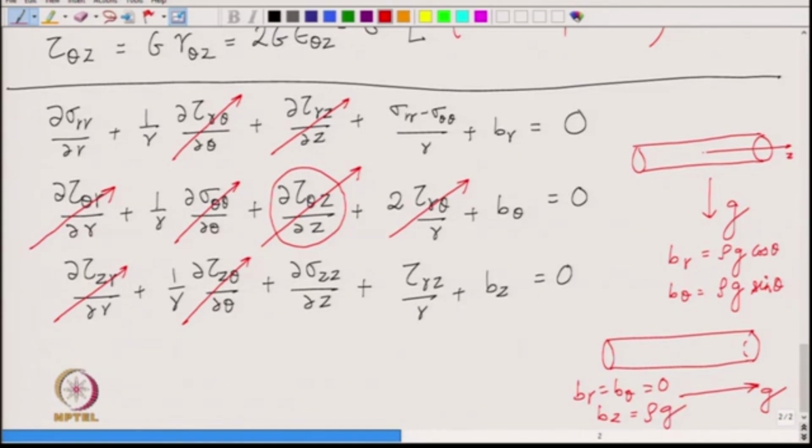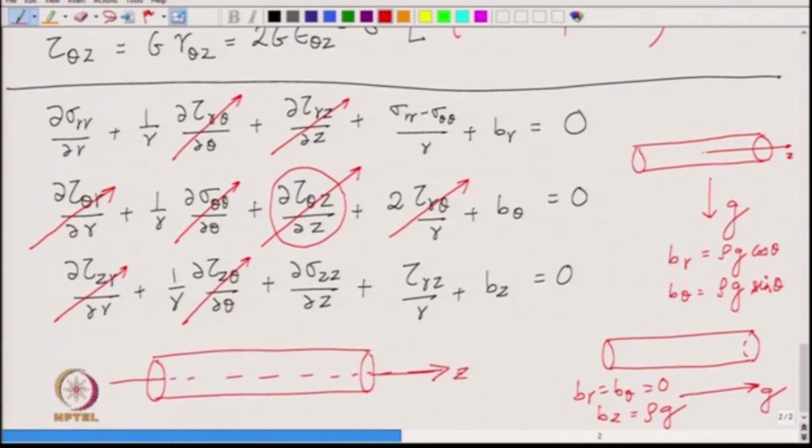There is another situation. Think of a cylinder which is rotating about its axis with a constant angular velocity.